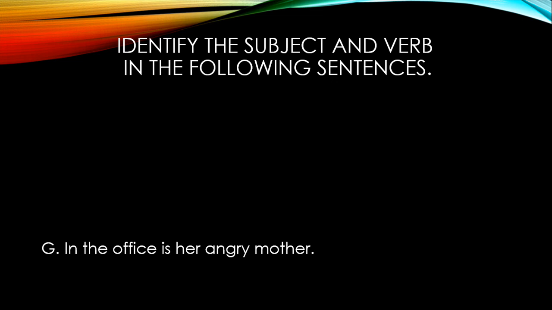In the office is her angry mother. Okay, here the verb is, and office is not what we're talking about here. In the office is a prepositional phrase, so we have to look after the verb, and the simple subject is mother. Her and angry are both adjectives describing mother, so mother is the noun that is the subject.